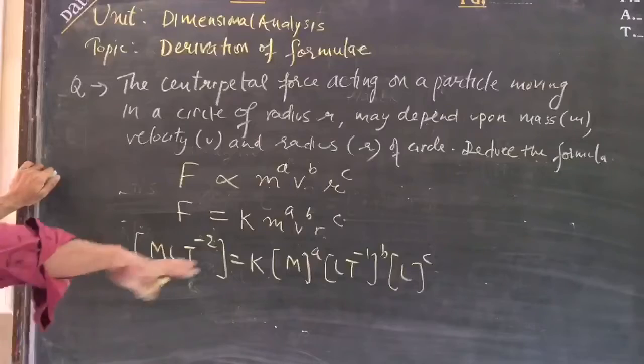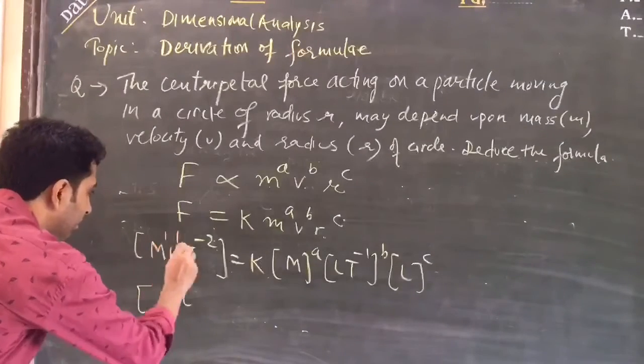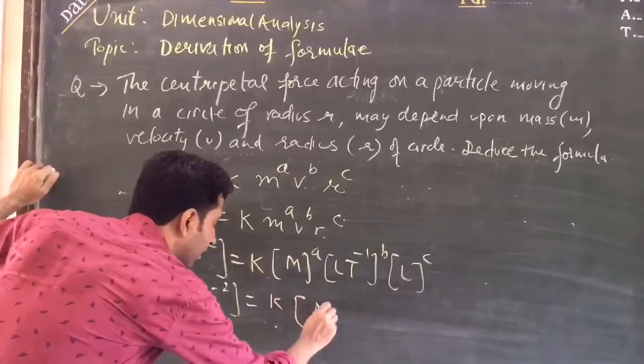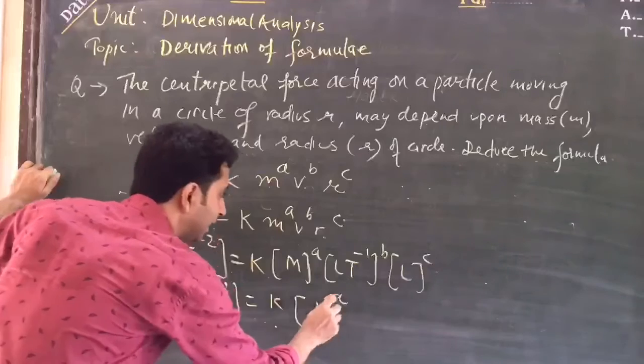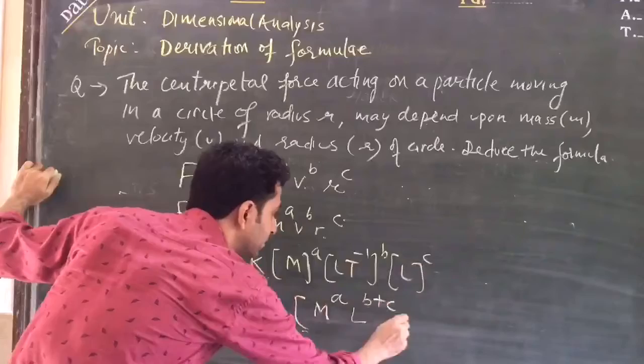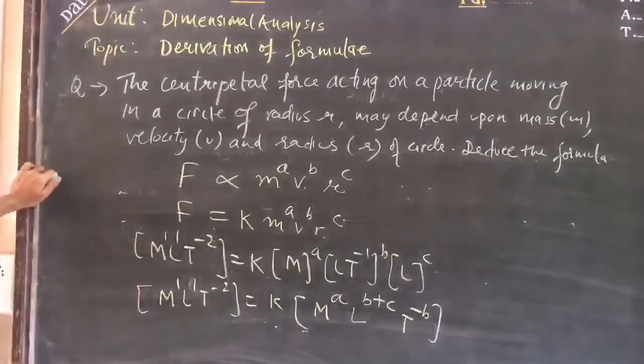So just put all the formulas here. So here we have M^1 L^1 T^-2 equal to k, M^a, L^(b+c) combining the powers, and T^-1 into b, that is T^-b. Right? We just need to rearrange the terms.